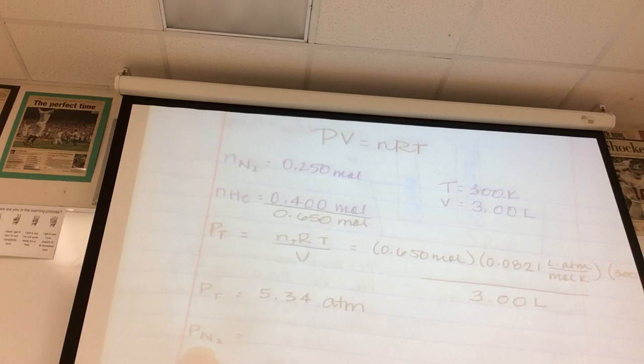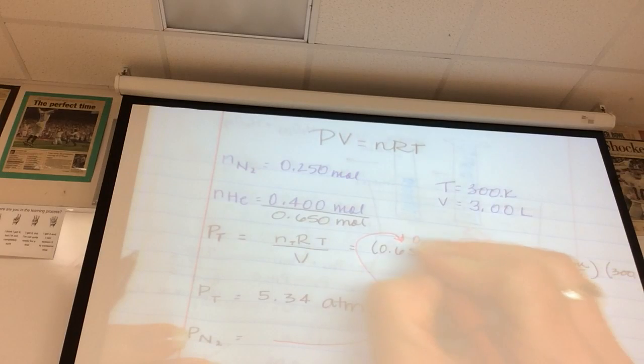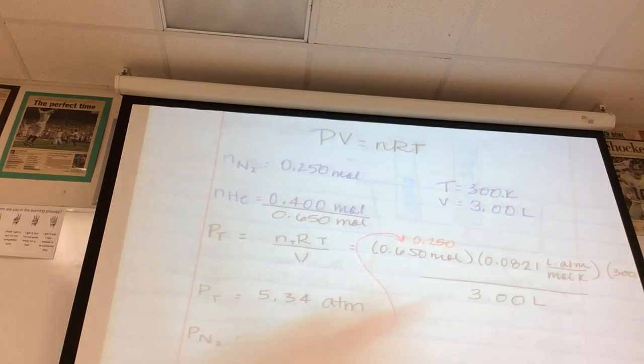With the pressure of nitrogen gas, we could go for it this way and sub in. That's one possibility. So we could do that, and rather than writing that all out again, instead of this, we would have had this, okay? .05.